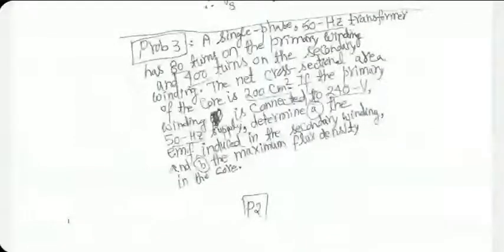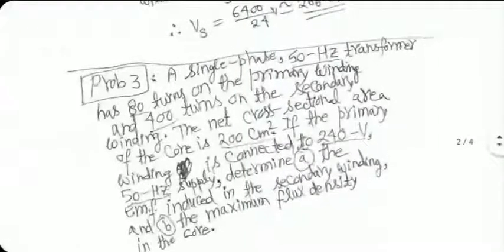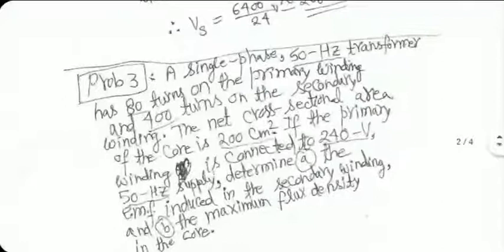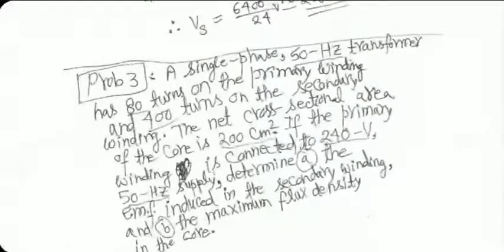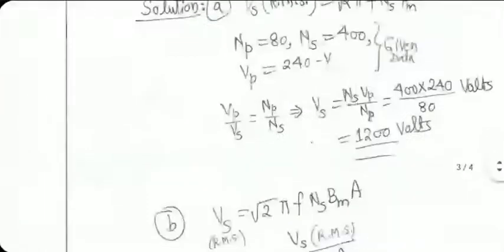Anyway, EMF can be directly calculated based on the primary voltage given, which is 240 volt, and the turns ratio directly. 240 volt is being inputted to the primary, so output voltage has to be higher. It turns out to be 1200 volts.